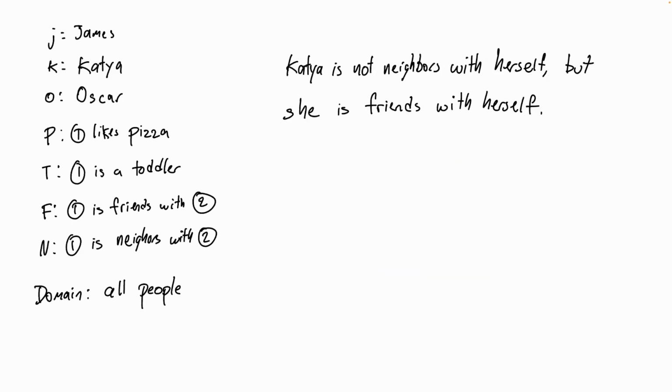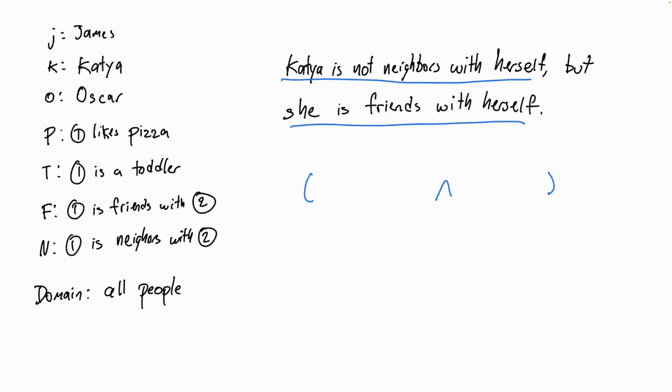Next, let's look at "Katya is not neighbors with herself, but she is friends with herself." Here there are two things being asserted: that Katya is not neighbors with herself and that she is friends with herself. So we have a conjunction where the first conjunct is that Katya is not neighbors with herself, and the second conjunct is that she is friends with herself. To say that Katya is not neighbors with herself is just to deny that she is neighbors with herself.